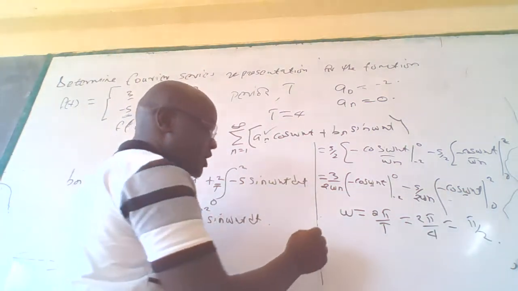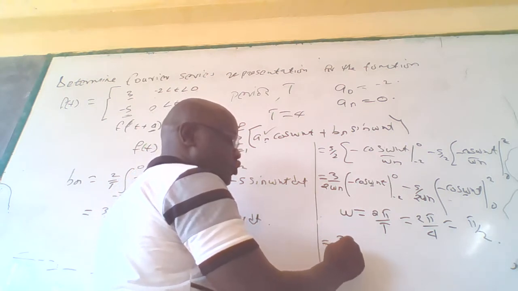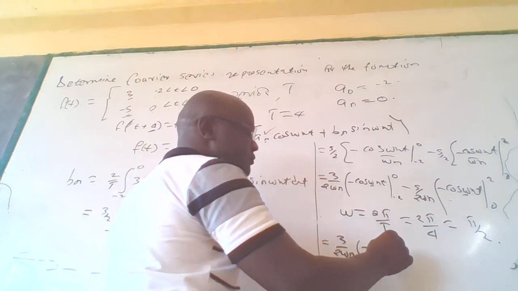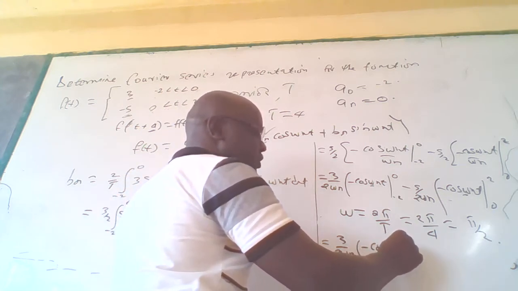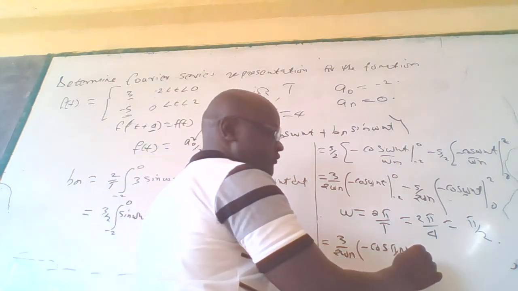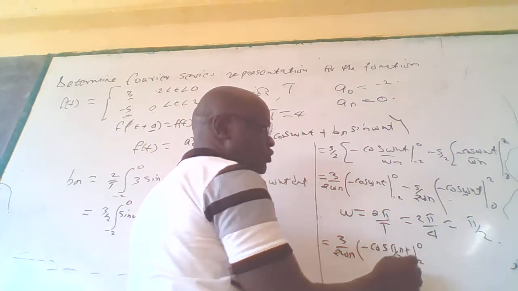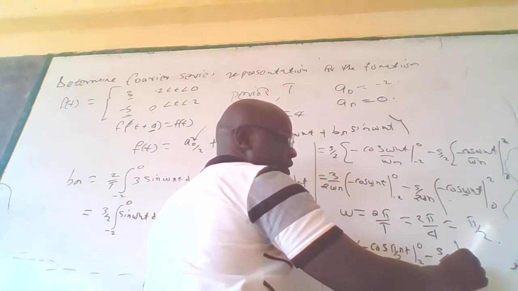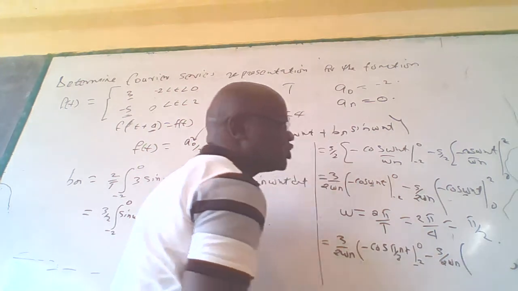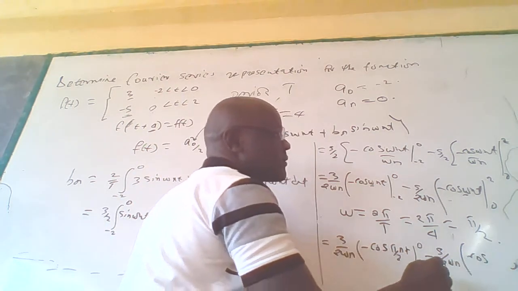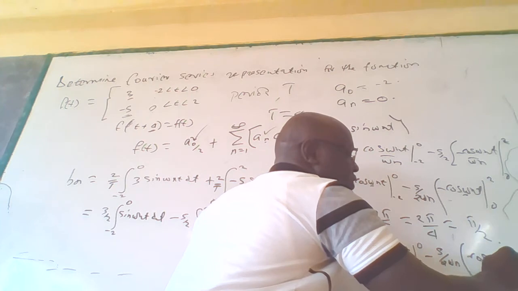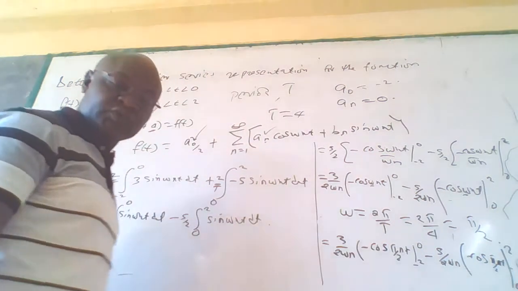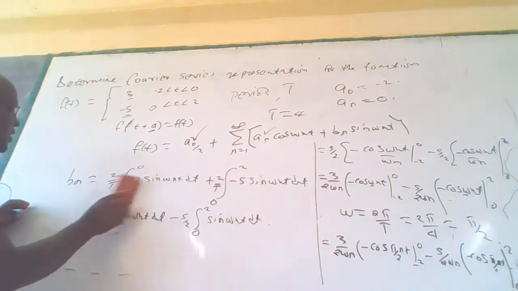Therefore, our equation now becomes 3 over 2 omega n into minus cos pi over 2 n t, from negative 2 to 0, minus 5 over 2 omega n into minus cos pi over 2 n t, from 0 to 2.